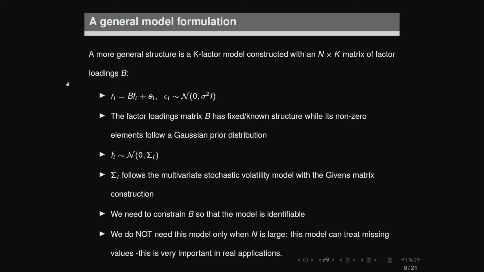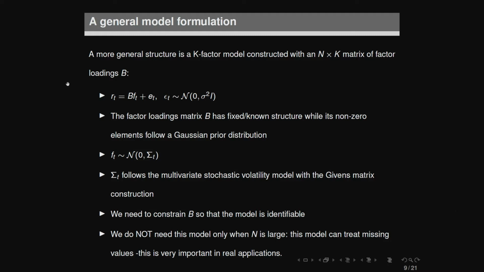And of course, I can extend it. I can extend all the factor models using this kind of formulation. The usual factor models in financial econometrics have a factor loadings matrix B, and you can reduce the dimensionality of R using factors F, which have smaller dimension.